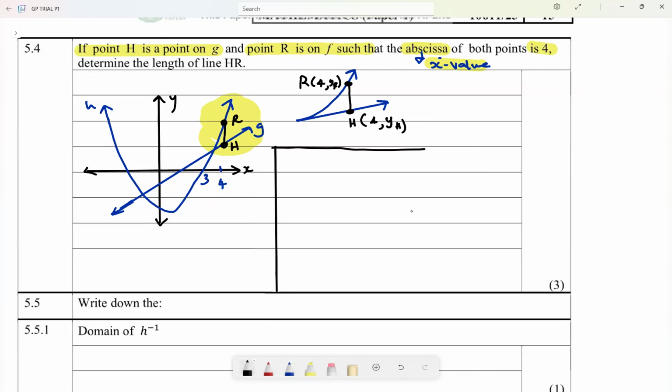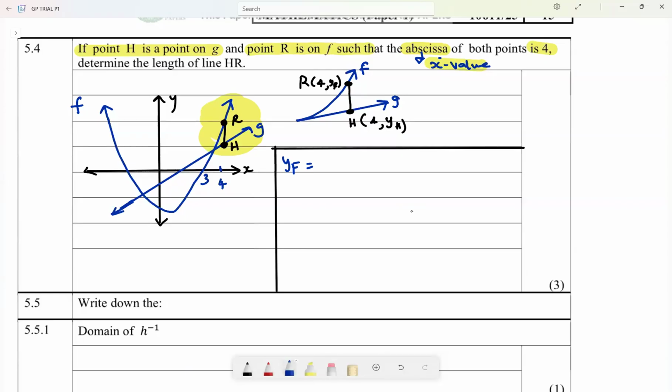How I can calculate this is, by the way, this is the function of f, not h, f, and this is a function of g. So let me find the value of y of f when x is equal to 4.